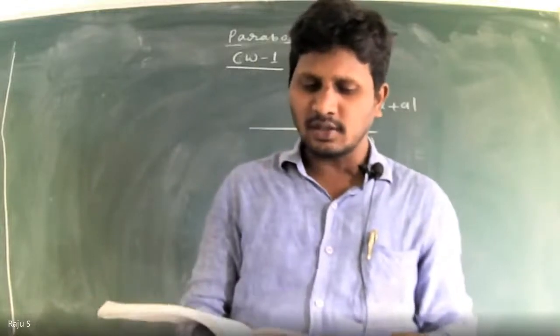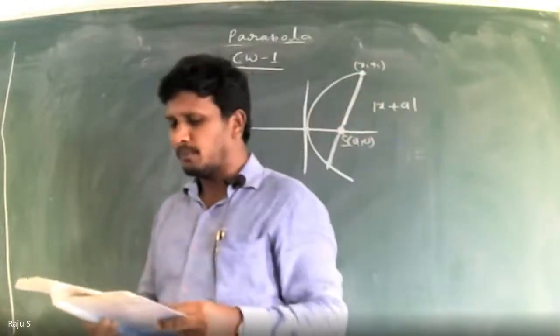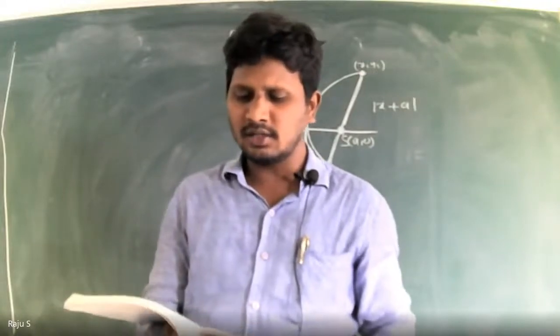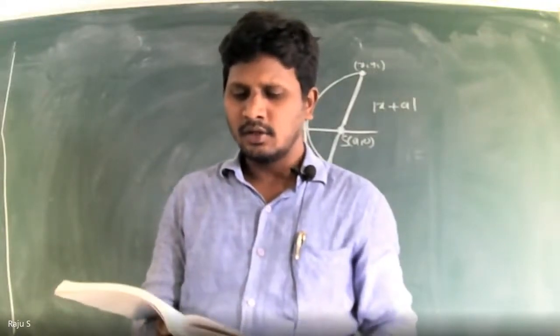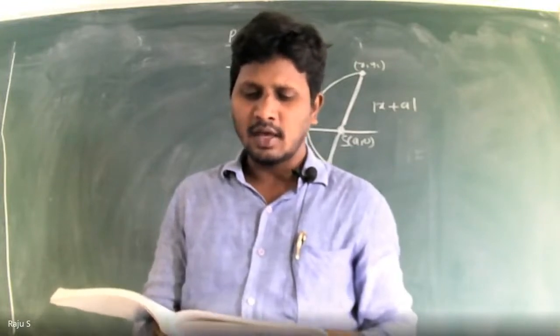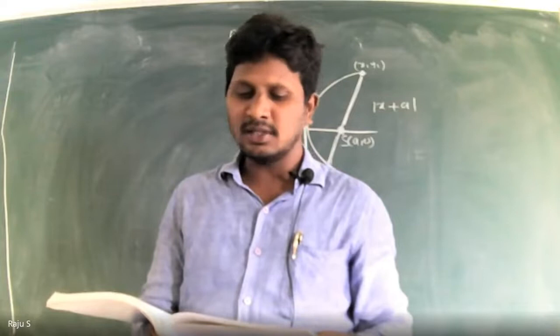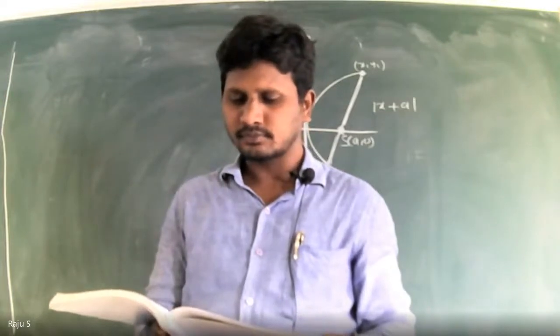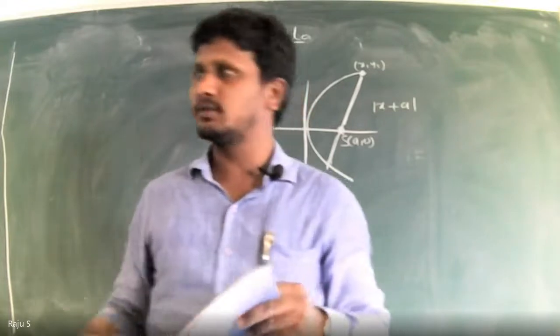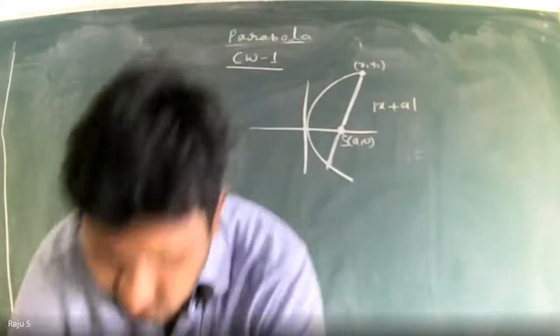The first question is, if a parabolic reflector is 20 centimeters in diameter and 5 centimeters deep, then the distance from the vertex to the focus.